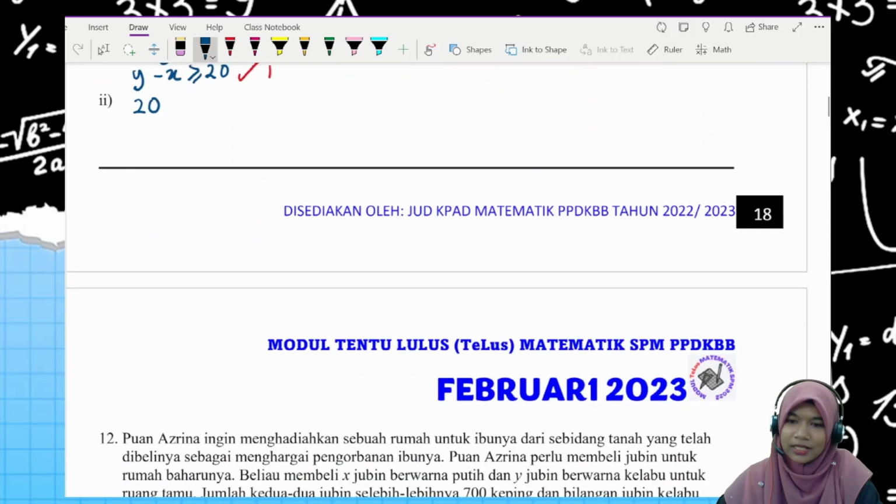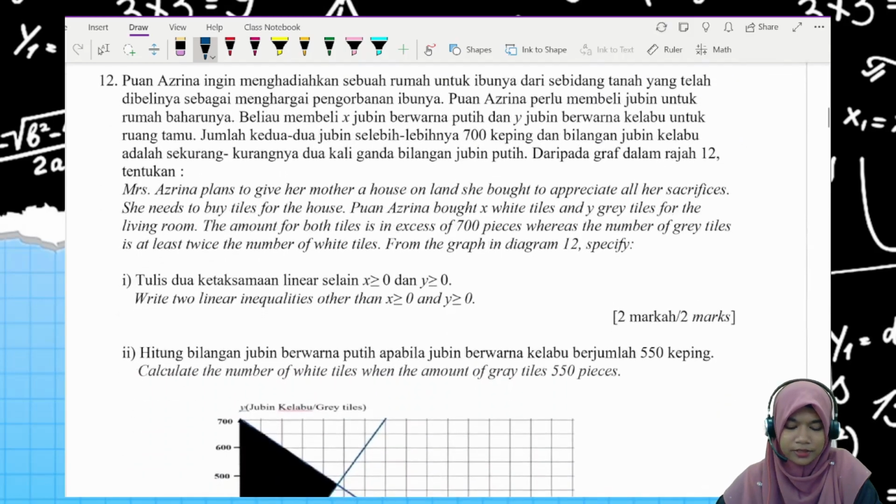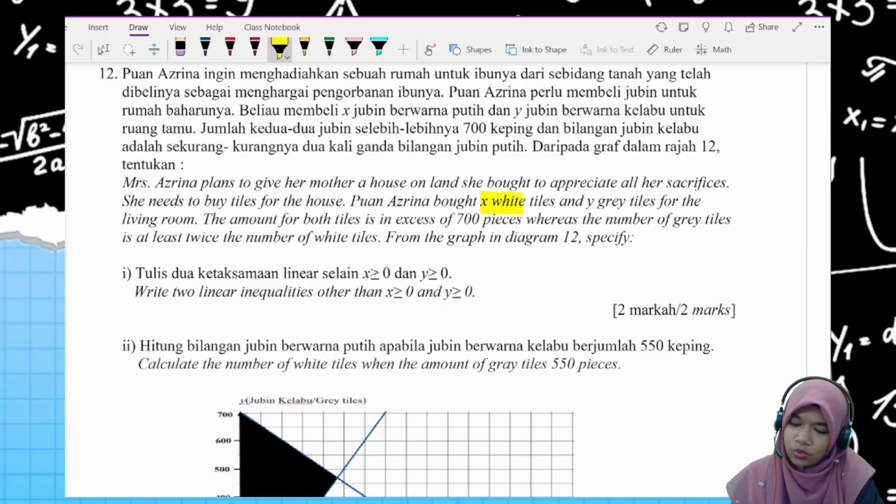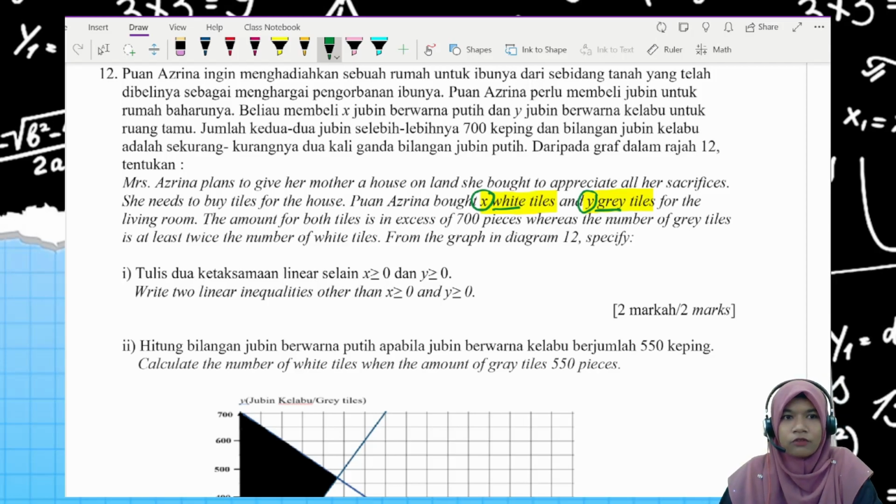Let's continue to the second question. Mrs. Azrina plans to give her mother a house on land she bought to appreciate all her sacrifice. She needs to buy tiles for the house. Again about the tiles. Azrina bought x white tiles and y grey tiles for the living room.